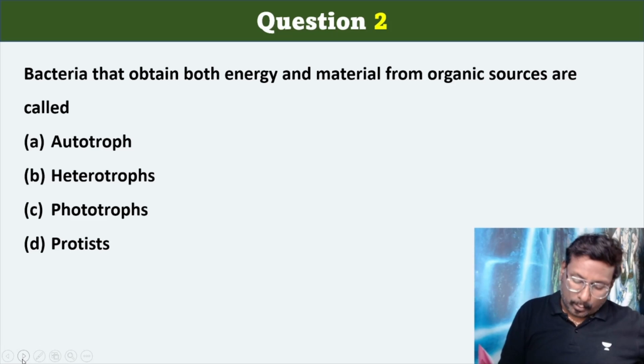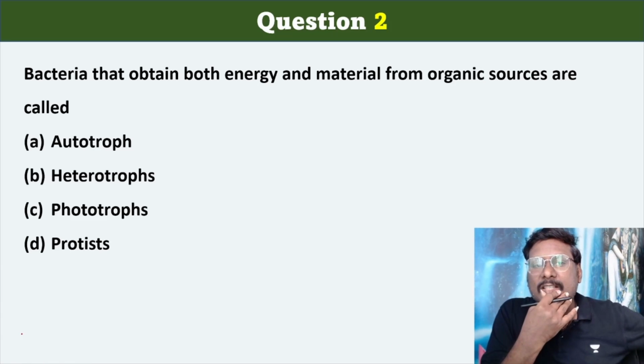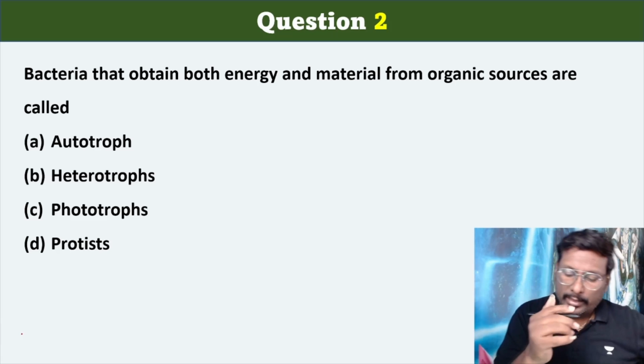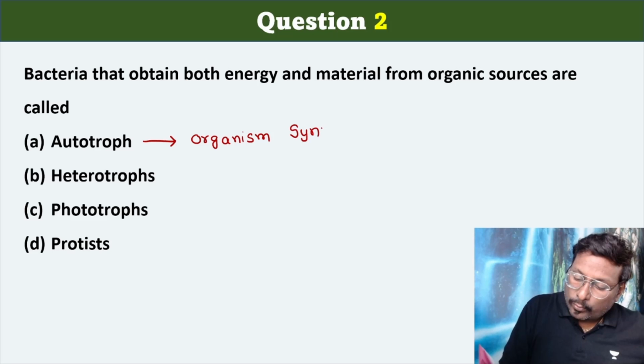Bacteria that obtain both energy and material from organic sources is called: autotroph, heterotroph, phototroph, protist. Here you understand, autotroph is the organism that synthesizes its own food. It can make its own food.